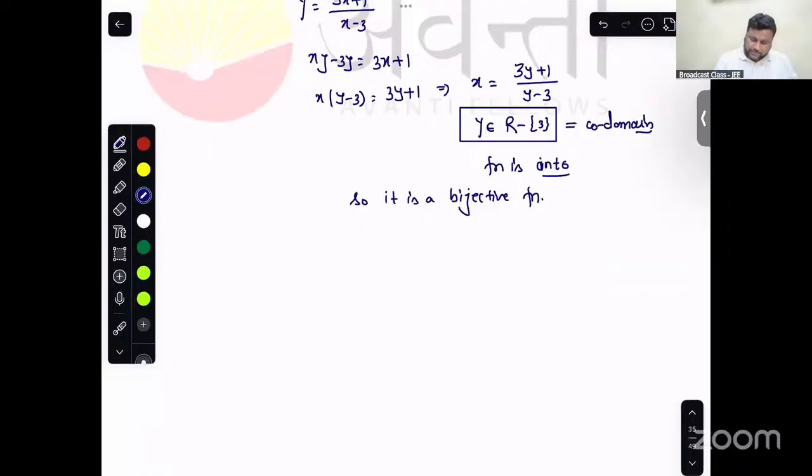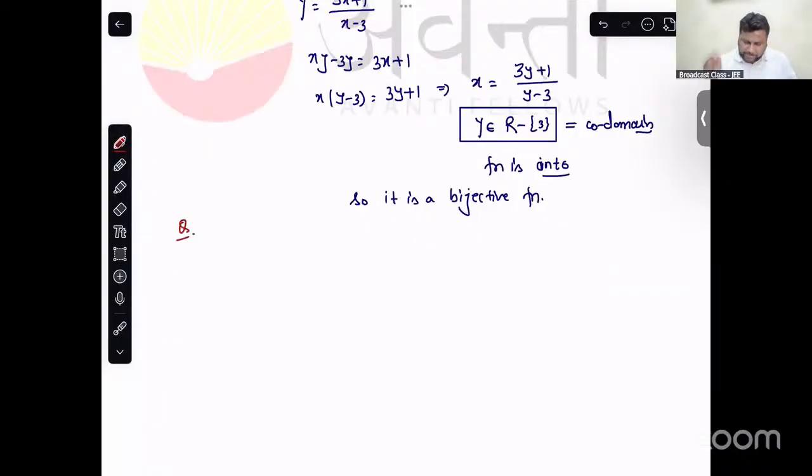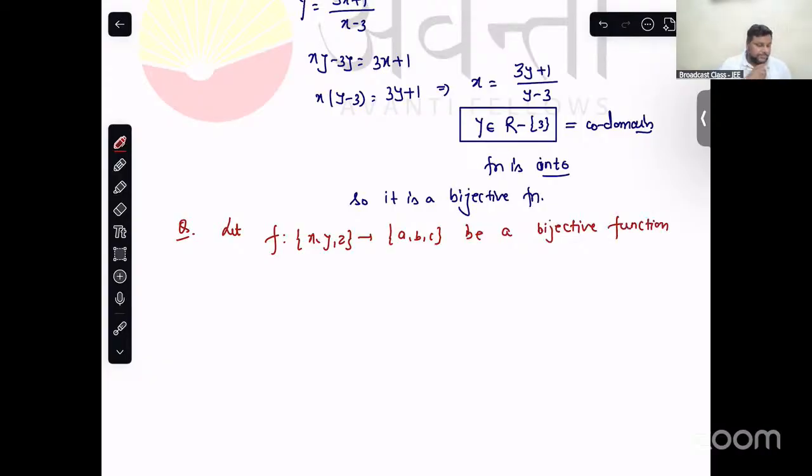Well, write down another question. This is a very good question, a previous year JEE question also. The question is, let f from {x, y, z} to {a, b, c} be a bijective function, and only one of the following three conditions is true.